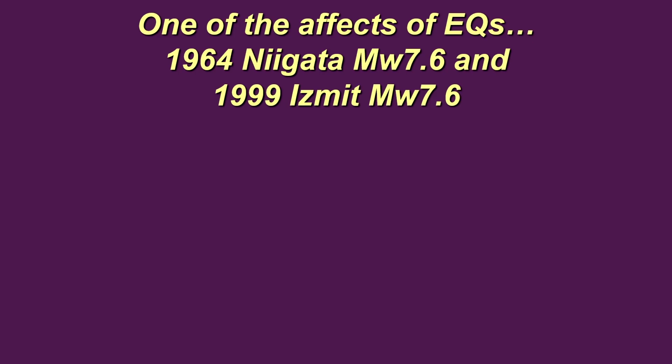So one of the effects of earthquakes: the 1964 Niigata earthquake, which was magnitude 7.6, and the 1999 Izmit, Turkey earthquake of 7.6. Recently we also had an earthquake in Turkey, which was quite damaging, on the northern Anatolian or eastern Anatolian fault, if I am not wrong.